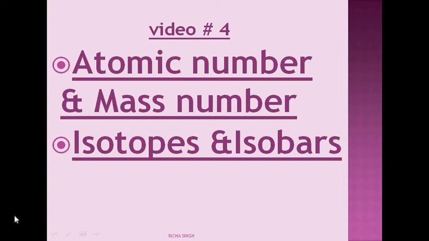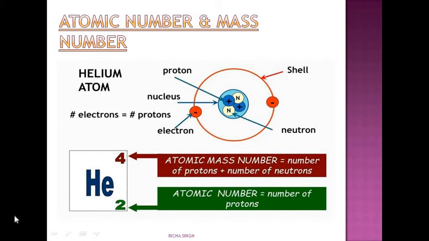And since each proton has one positive charge, the number of positive charges on a nucleus is equal to the number of protons present. Okay, because protons are having positive charge, so each proton will have a positive charge on the nucleus. So it is the number of protons in an atom which determines its atomic number.